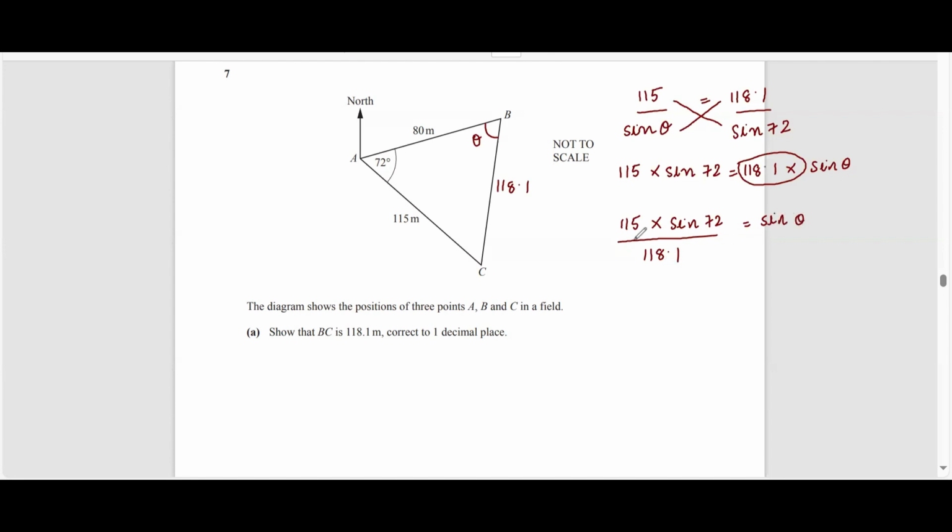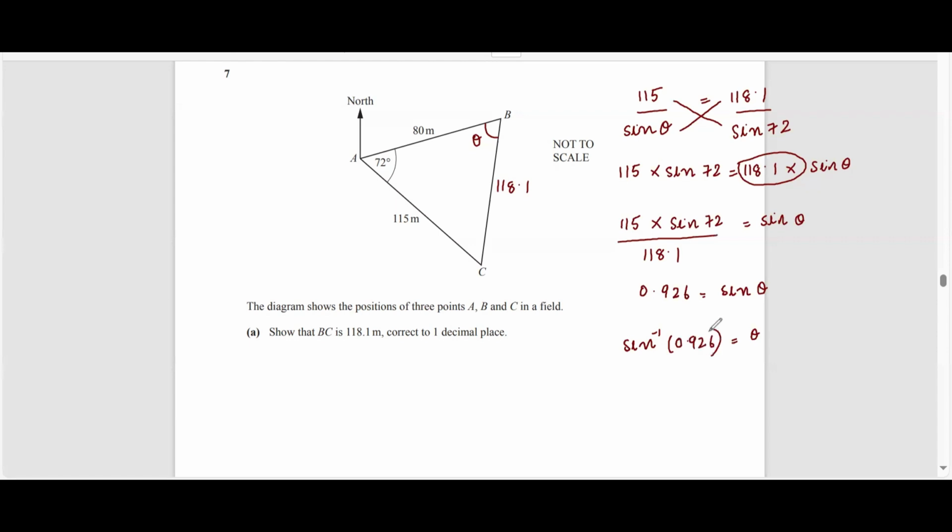Let's just put the left hand side in our calculator. So 115 into sine of 72 divided by 118.1. We'll get it as 0.926 as sine theta. So theta will be sine inverse. When we take sine to the opposite side, it becomes inverse of sine.